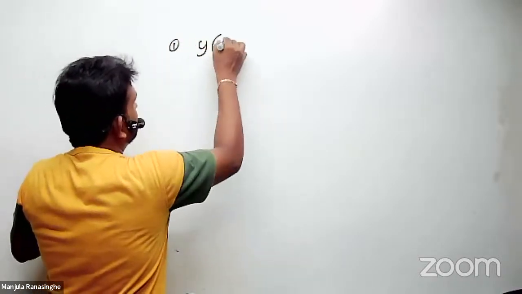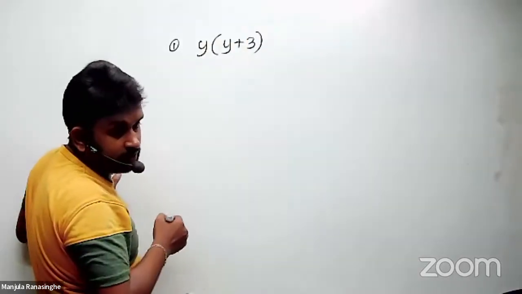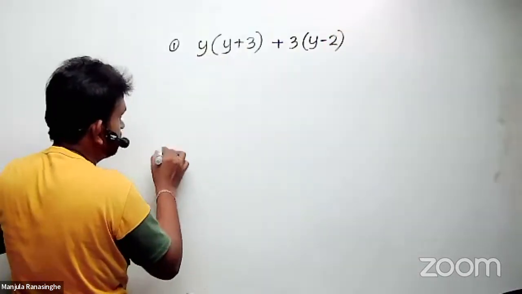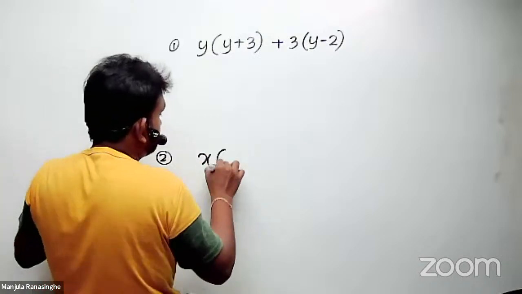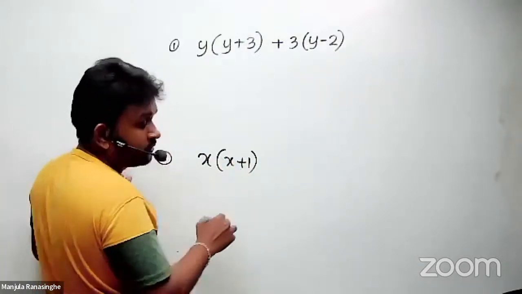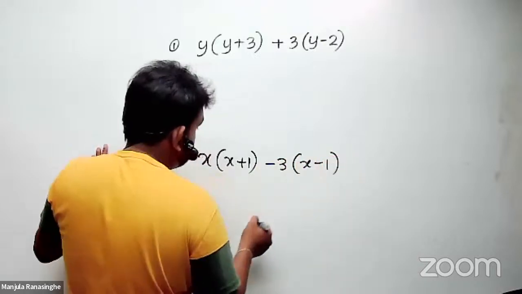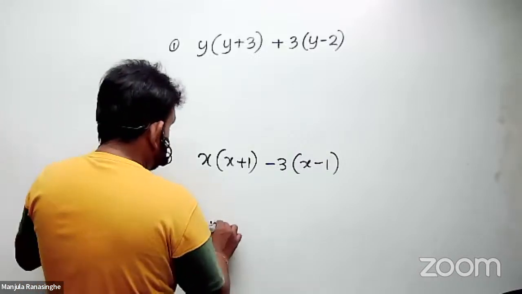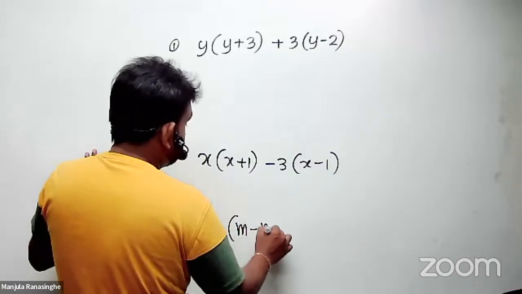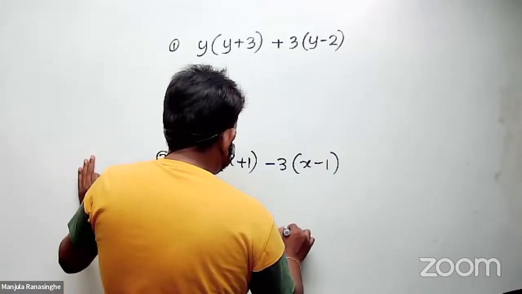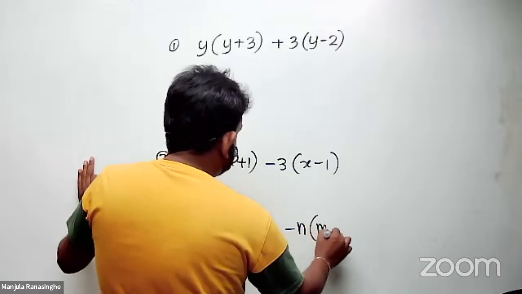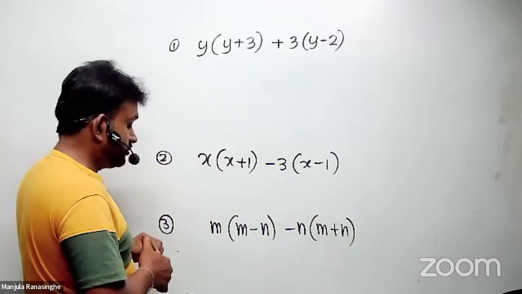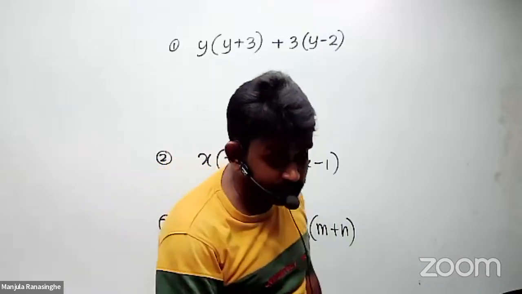First one, y into y plus 3 into y minus 2, minus 3 into x minus 1, m into m minus n minus n into m plus n. So these are the three equations you have to do, right? Start doing.